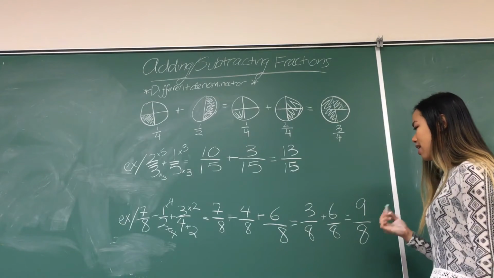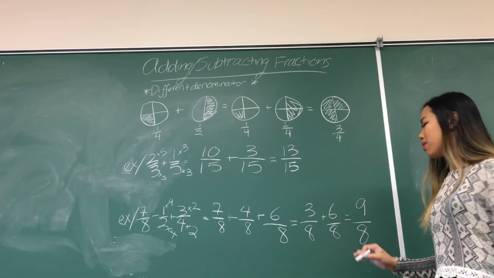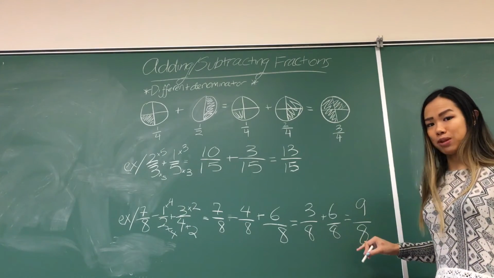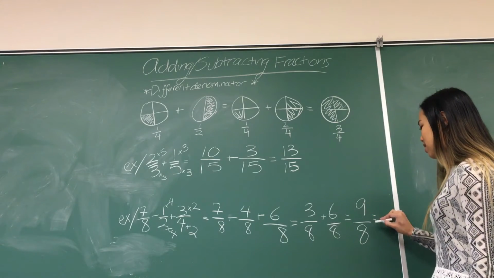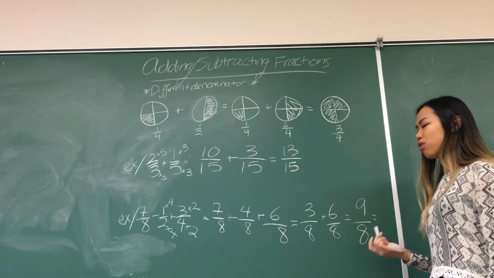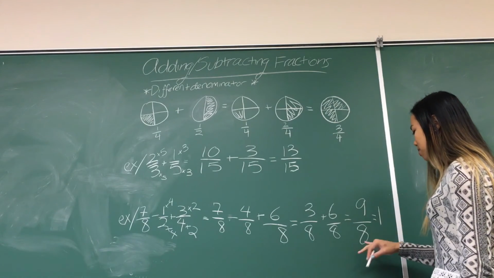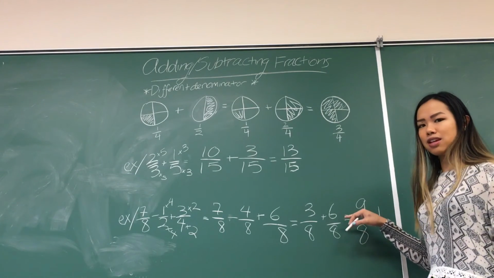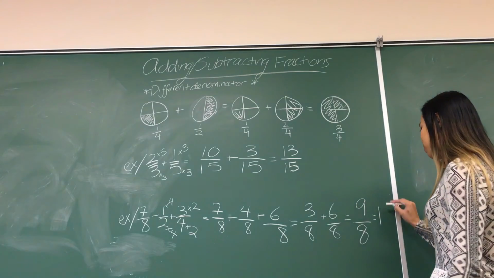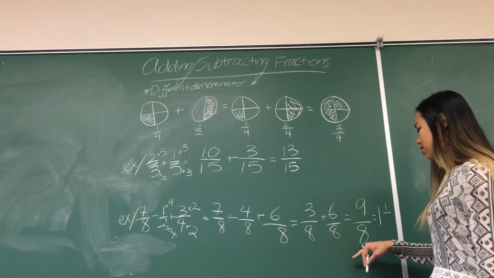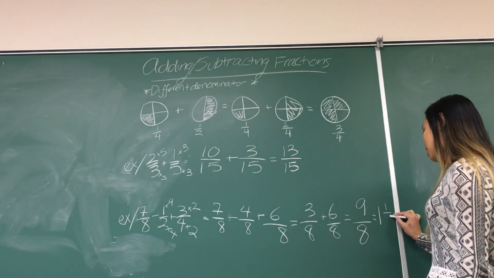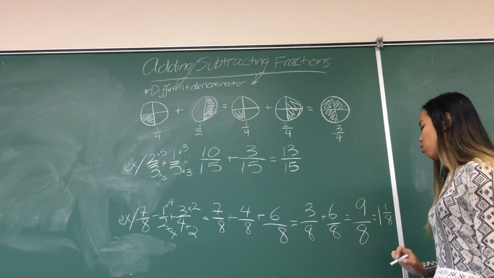So now we have 9 over 8. But remember, you want this in lowest terms or in mixed numbers. So you have to think, okay, how many times does 8 go into 9? It goes into 9 once. And how many do I need from 8 to get to 9? 1. Remember, our denominator is 8, so it'll stay as 8. So our answer is 1 and 1/8.